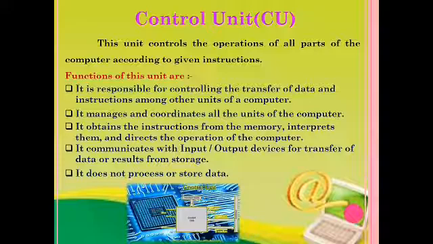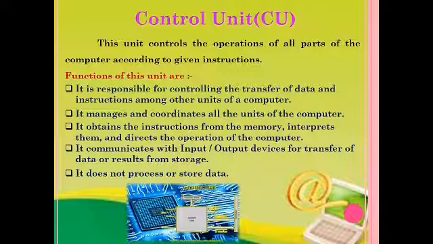So dear students, now let us summarize the functions of the control unit. The control unit is responsible for controlling the transfer of data and instructions among other units of a computer, and it manages and coordinates all the units of the computer.